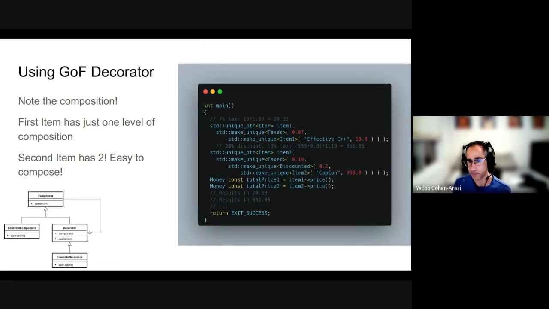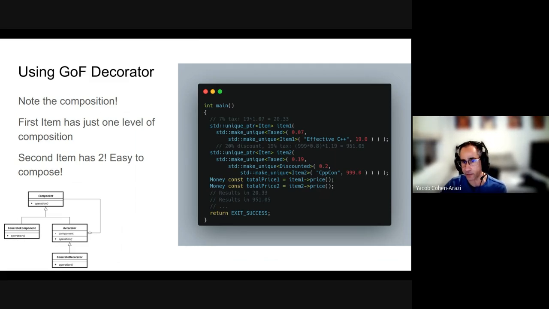Let's take a look at main, because this is where everything is going to be connected. Okay, so let's take a look at two items. I have a unique pointer of item, could be auto, but actually this would be a unique pointer of item, not auto. So I have this make unique of item one. I'm creating item one. There's a name and there's a price, and I'm creating a tax.